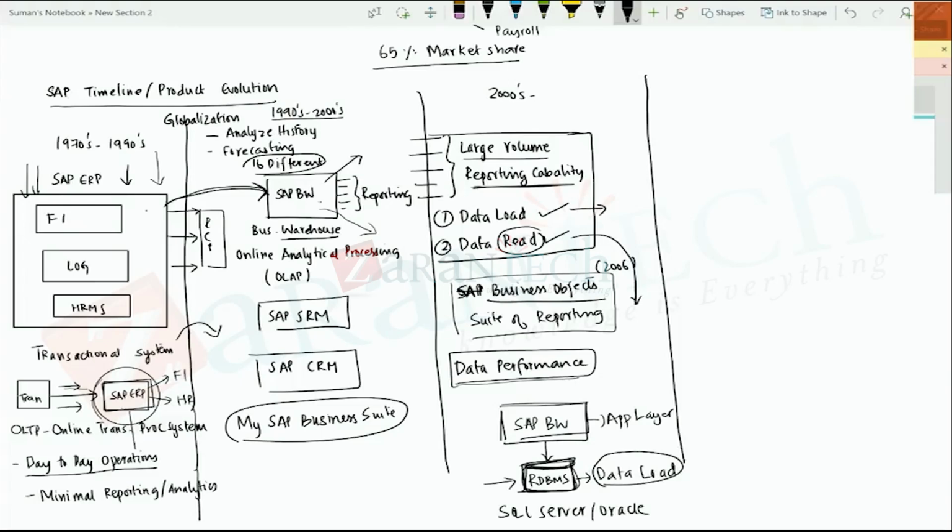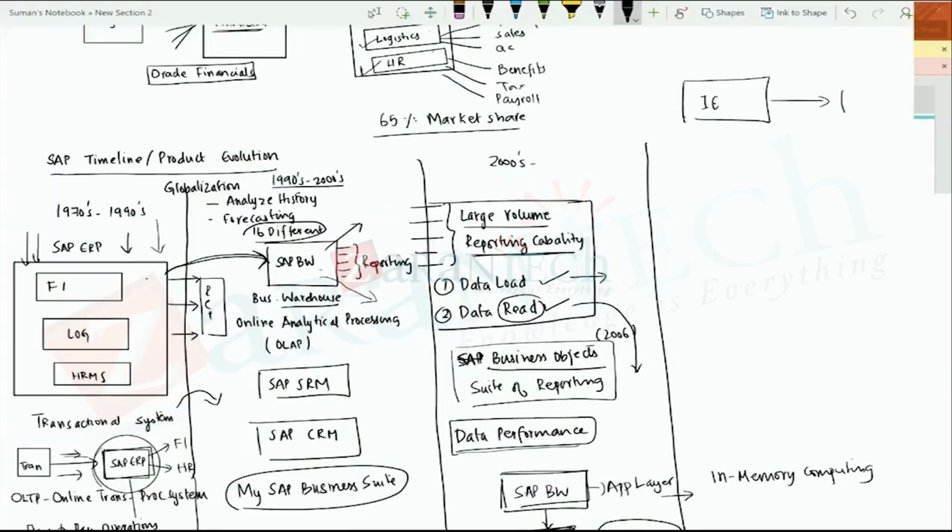So what they started doing is looking at in-memory computing functionality. What is in-memory computing? Think of your own browser, just to give you an idea. Let's say Internet Explorer: the first time you try to go to a website called Yahoo, I'm just trying to give you a perspective of what in-memory computing is all about.